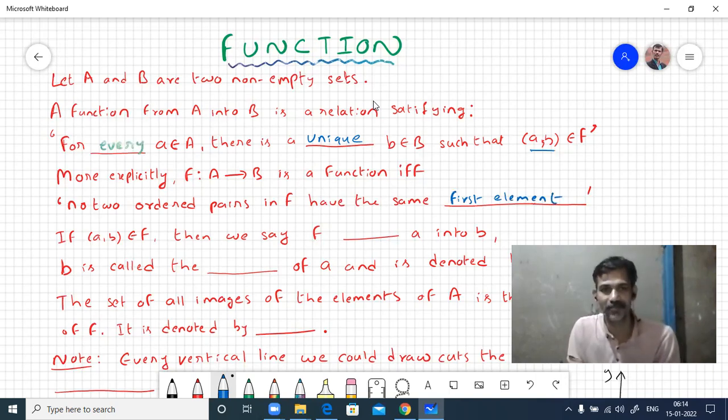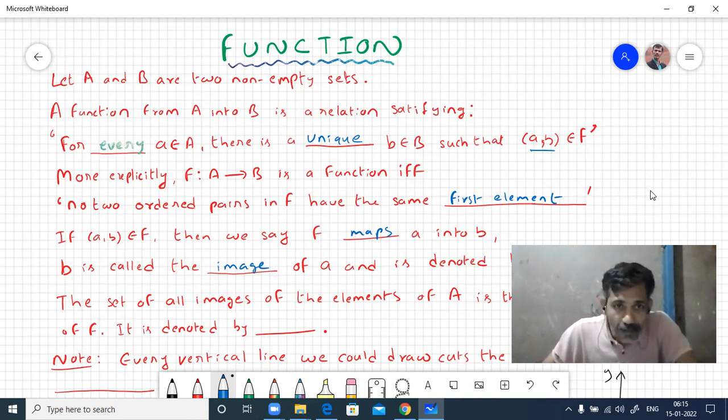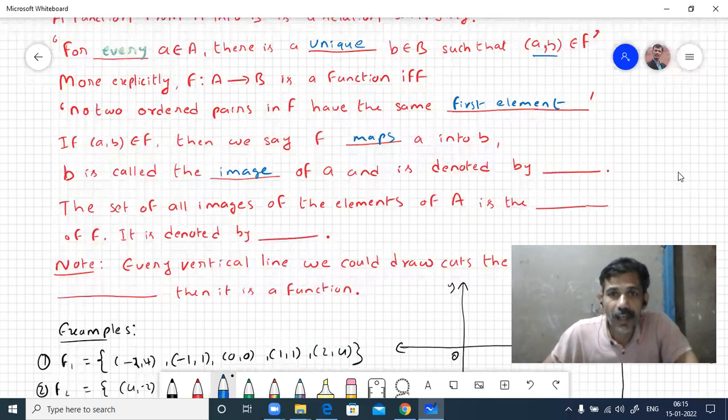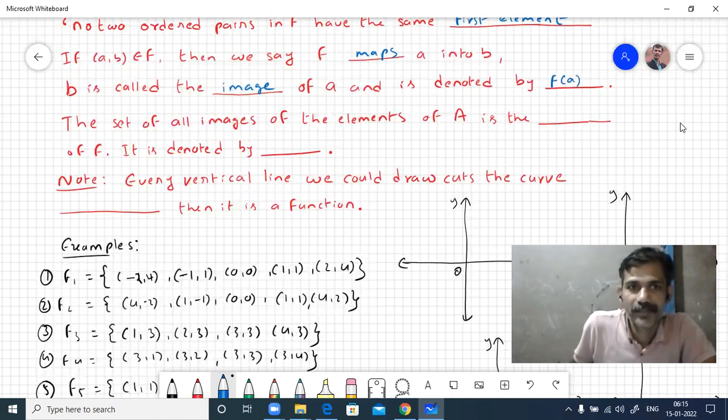Suppose (a, b) is in the function, then we say F maps a into b, and b is called the image of a, denoted F of a equal to b. The set of all images is the range of F, denoted with F of capital A.